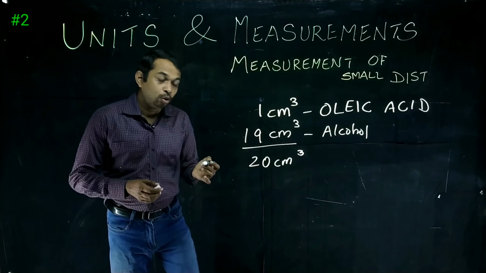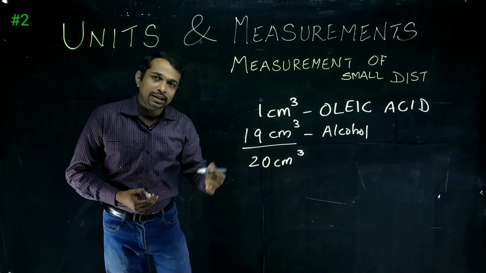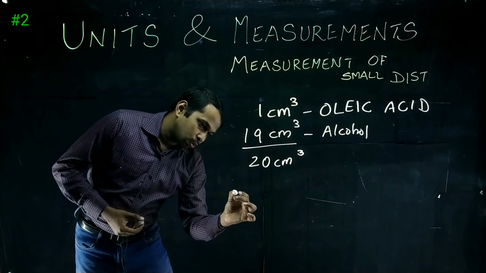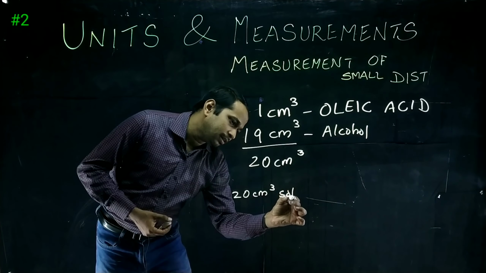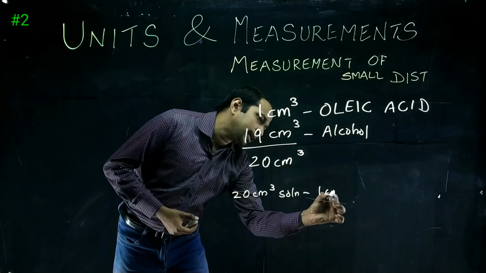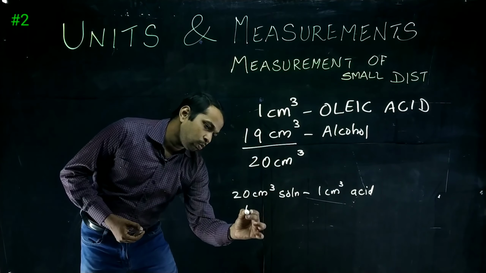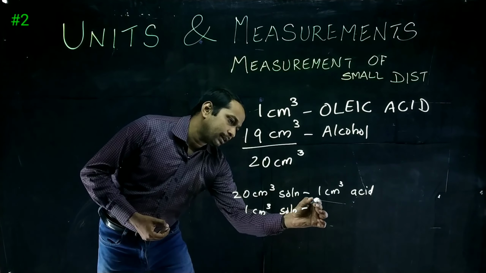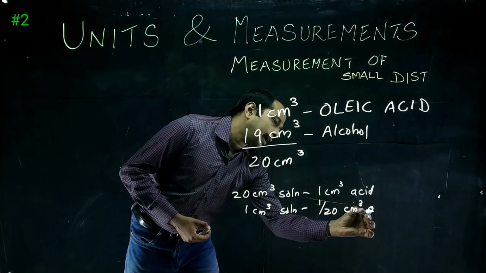So in 1 centimeter cube of this solution, how much oleic acid will we have? In 20 centimeter cube of solution, we have 1 centimeter cube of acid. So in 1 centimeter cube of solution, yes, we will have 1 by 20 centimeter cube of acid.